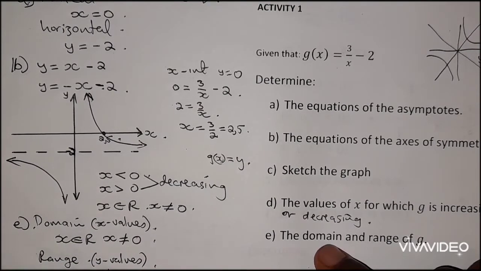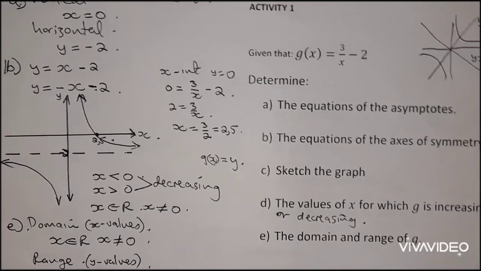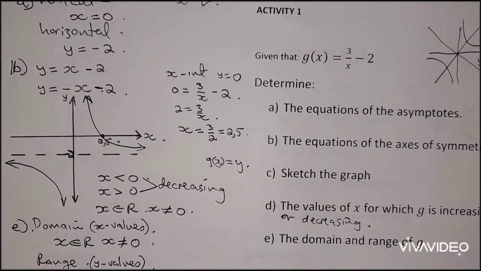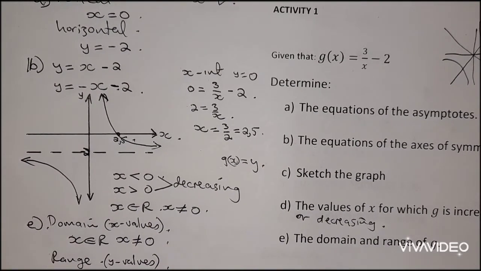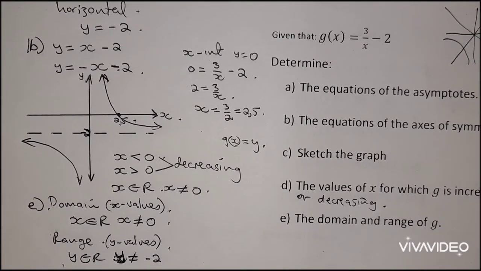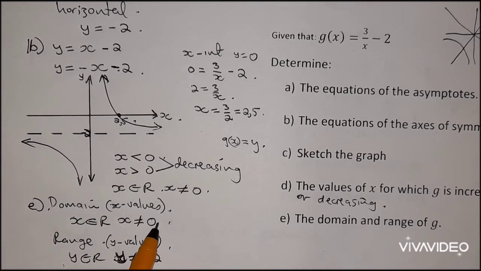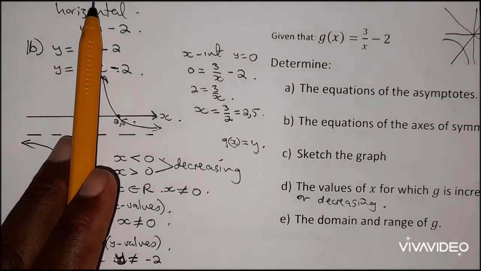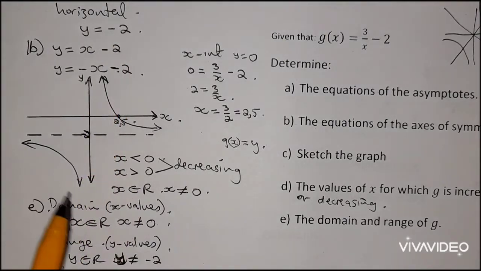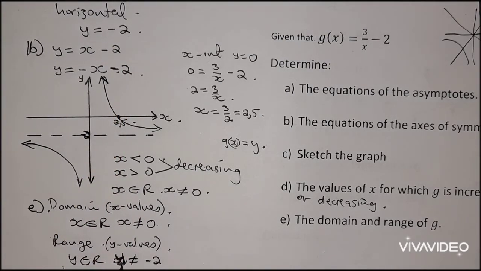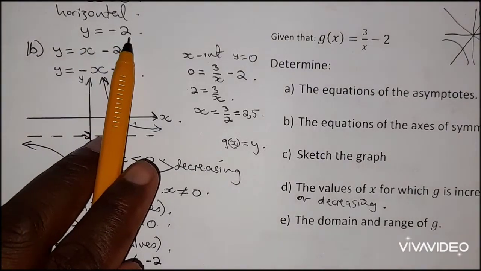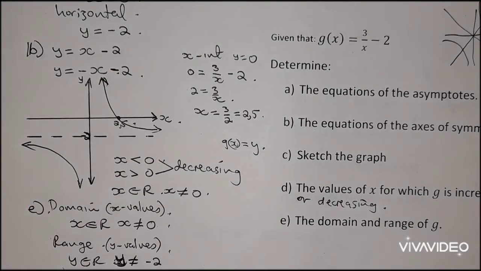So we are saying the range for our function is y is an element of R, but y is not equal to -2. So these are our asymptotes. x is equal to 0, that's our first asymptote, the vertical one, and y is equal to -2, that is the horizontal asymptote.